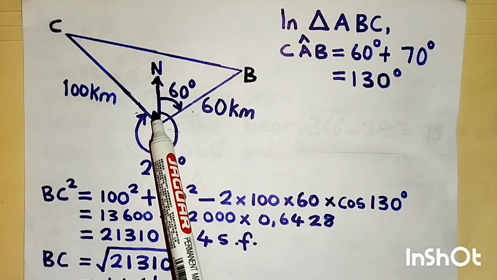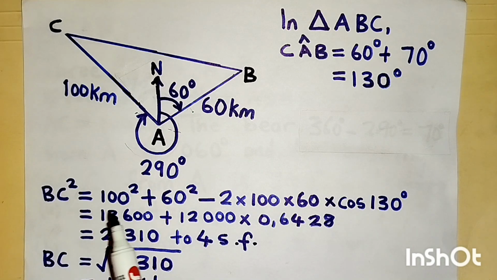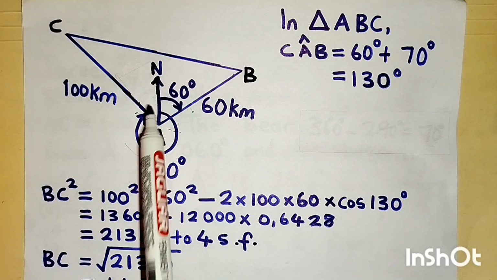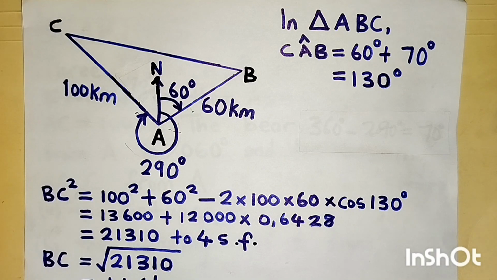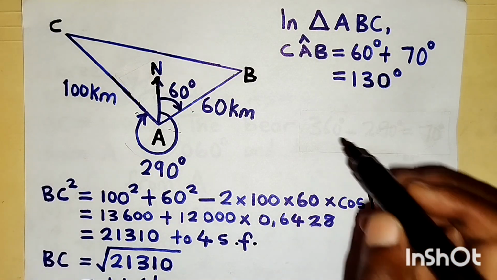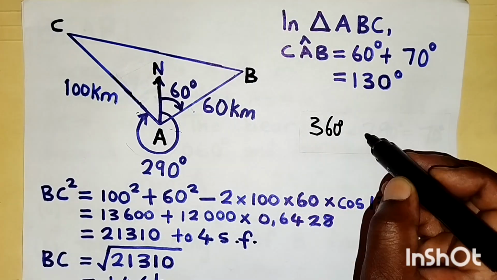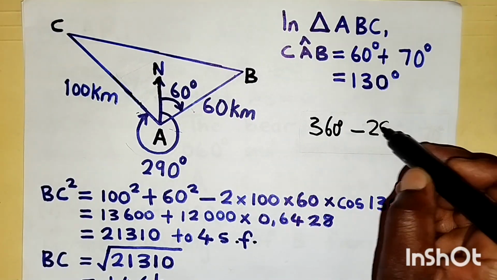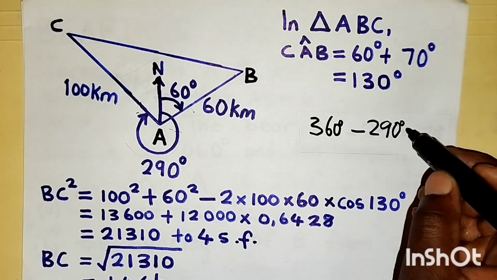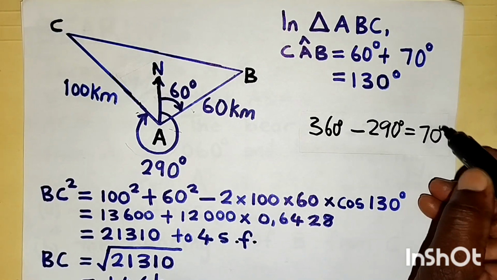But I know that from the north arrow to this line AC is 290. So for me to get this angle, I simply say 360 degrees minus 290 degrees, and then I get 70 degrees.